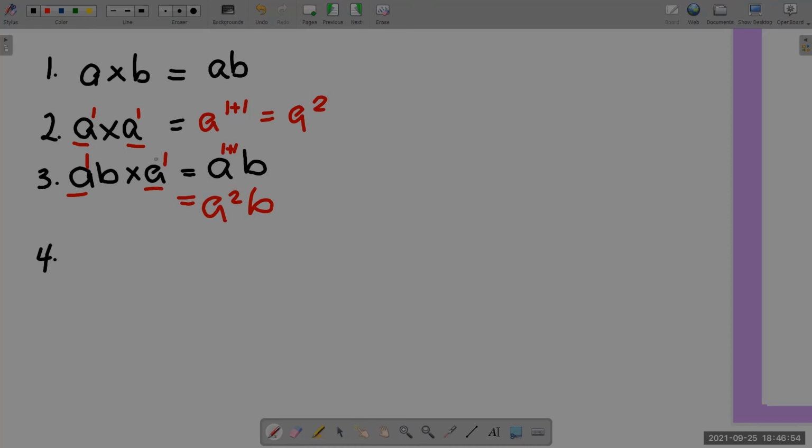All right, let's try this one now. P squared Q to the 3rd power times P to the 4th Q squared. What's my answer?